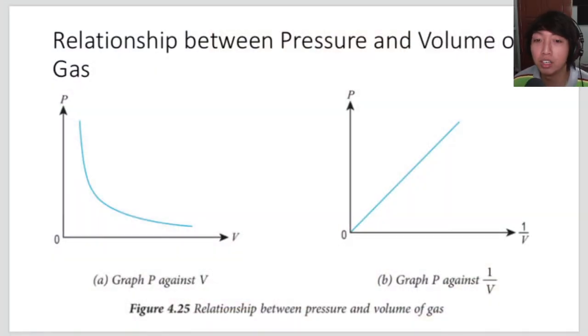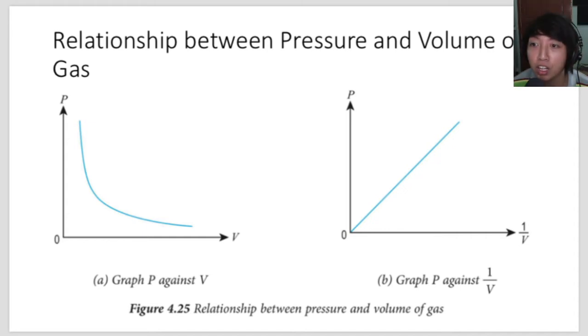So basically, in short, what we're saying is, if we have pressure and volume, and we assume that mass and temperature stay the same, okay? The more the volume goes up, pressure goes down. If you increase volume, pressure goes down. If you decrease the volume, meaning you make the container smaller, what happens to pressure?